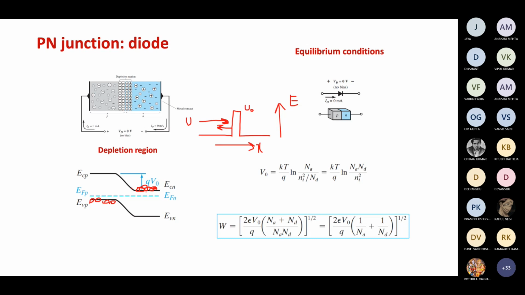But for quantum mechanical particles, if there is a potential barrier, U naught, and if this barrier is not extremely thick, if it is only a few nanometers, then even if these particles have less energy than the barrier, they will have a finite probability of crossing it. So if we solve the Schrodinger equation for this case, there will be a finite probability of finding the electron on the other side of the barrier.